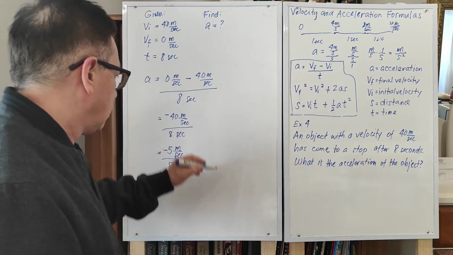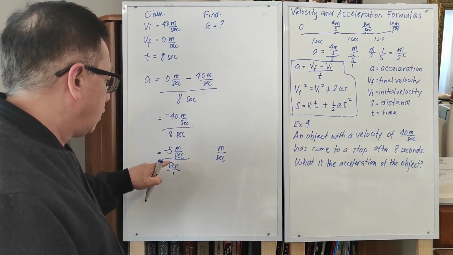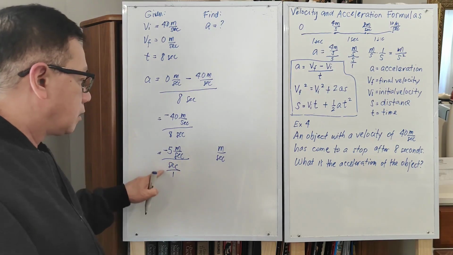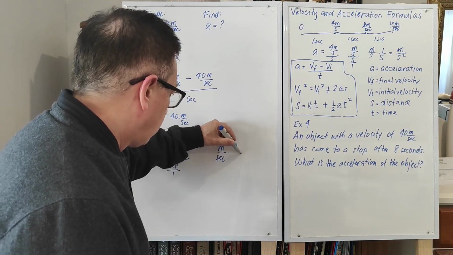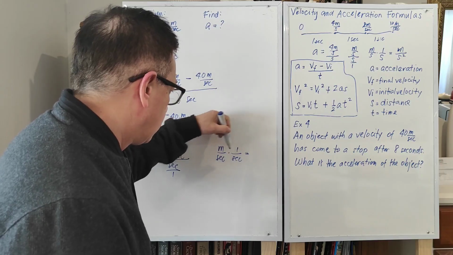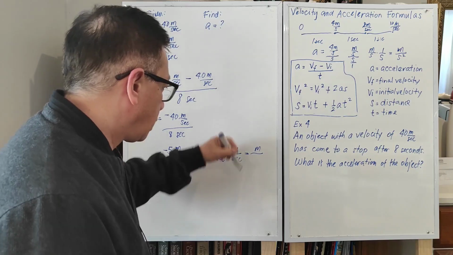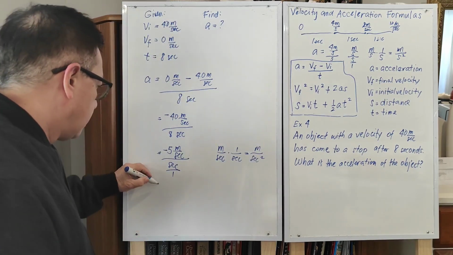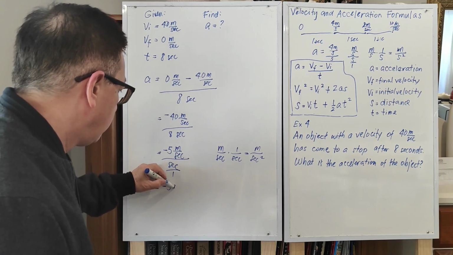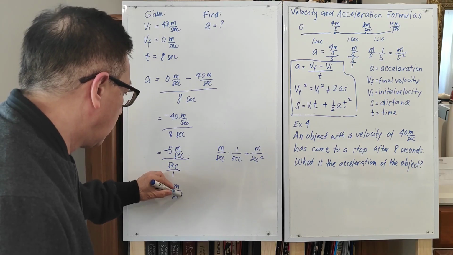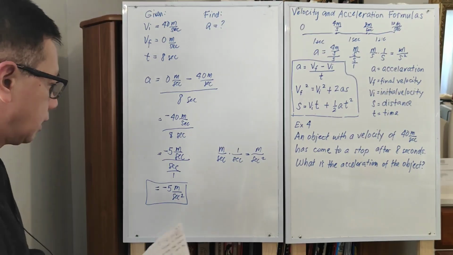So the unit will be meters per second divided by second over 1. We can get the reciprocal and proceed as multiplication. So it will become multiply and 1 over second. So your unit will be meters times 1 is meters. Second times second is second squared. So your answer will be negative 5 meters per second squared. So that is your answer.